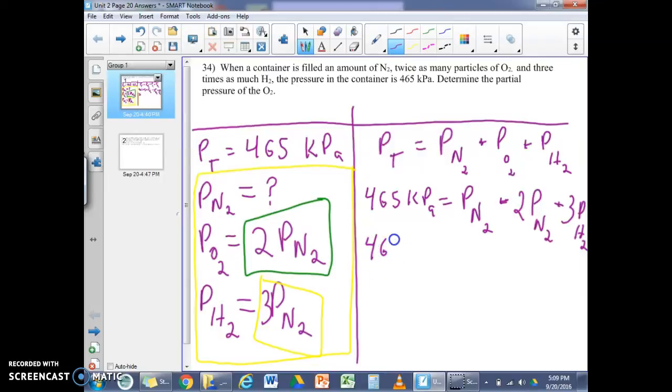Rewriting it, I get my 465 kilopascals is equal to, well, P of N2 plus 2 times P of N2 plus 3 times P of N2, and this is an N2 on the end here. Well, I can add those all up together, and that equals 6 P of the N2. So now I can actually solve for P of the N2 by simply dividing both sides by 6.